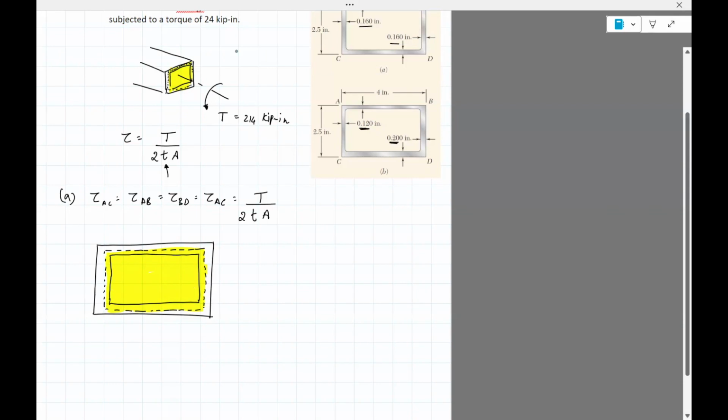So let's compute that area. It's basically this distance and this distance, and I need to take the area of that.